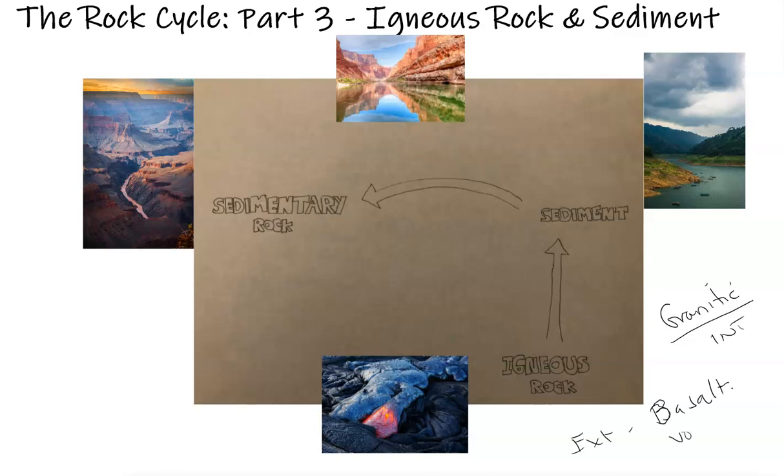Basalt is volcanic in nature and environment, so you have some sort of crack or opening in the Earth's crust, therefore a volcano exists.